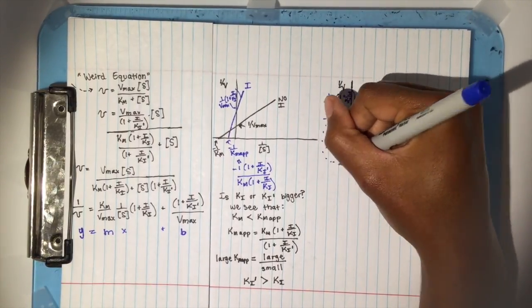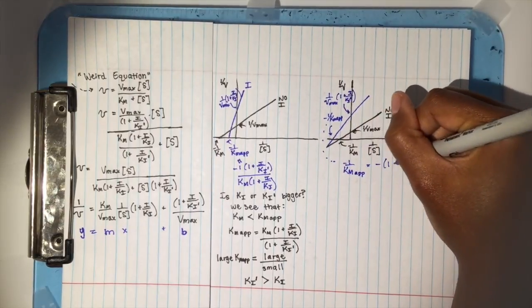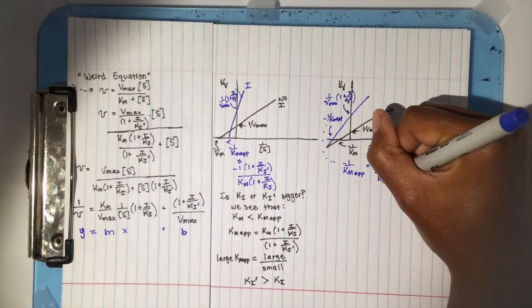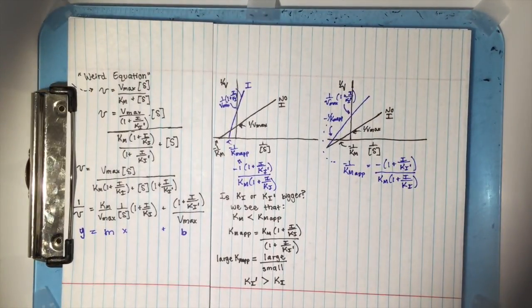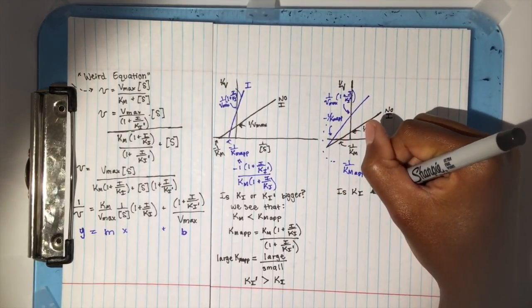And so we know, as we found before, negative 1 over Kmap is equal to negative 1 plus I over Ki prime all over Km times 1 plus I over Ki. I'm sorry, I should have said Ki prime in the numerator.